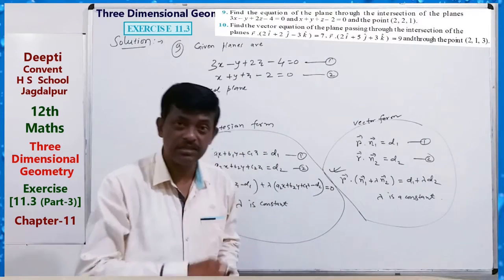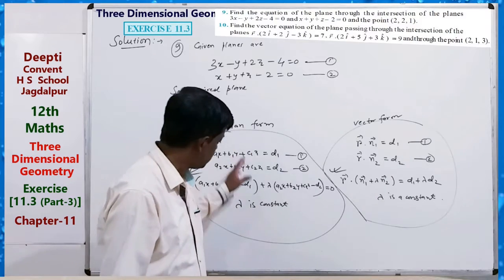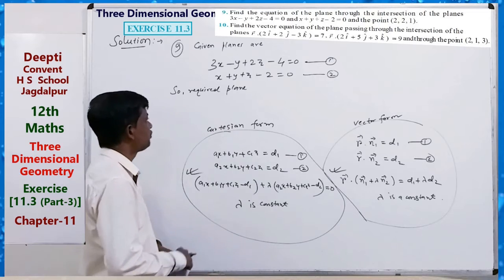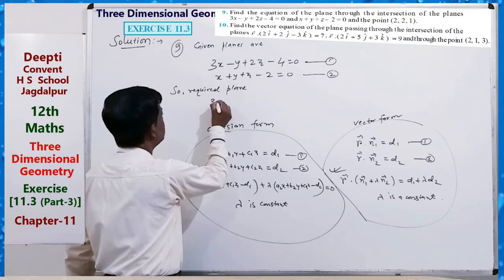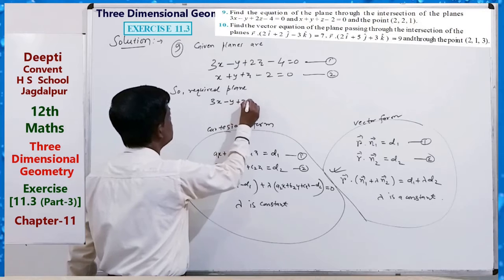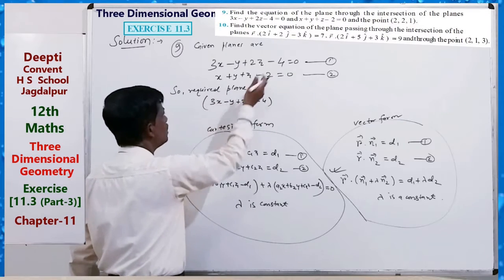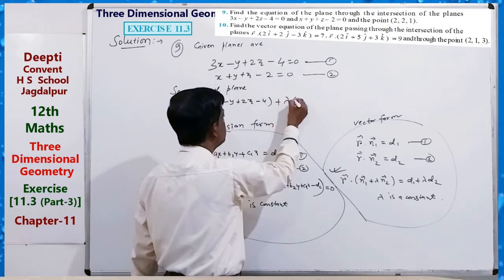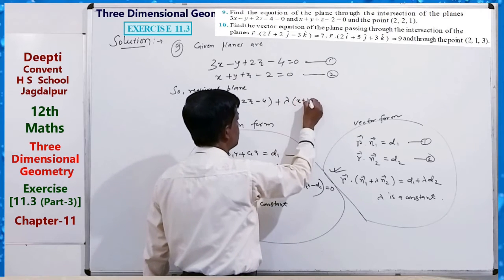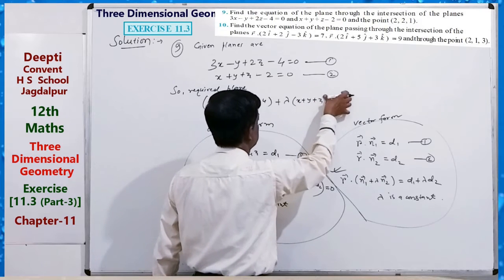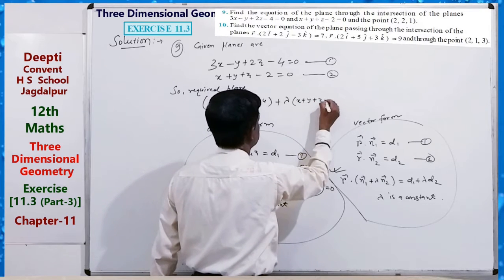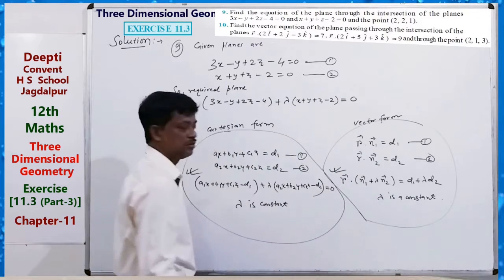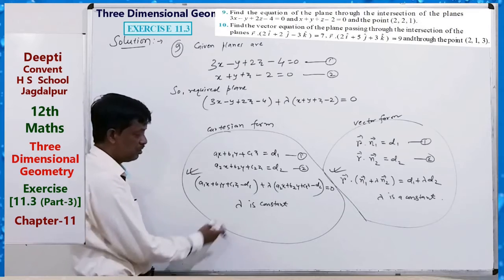By using that condition, you have to find the value of the constant lambda, then you will get a unique plane. So the required plane is 3x minus y plus 2z minus 4, plus lambda into x plus y plus z minus 2, equals 0. Now we have to find lambda.